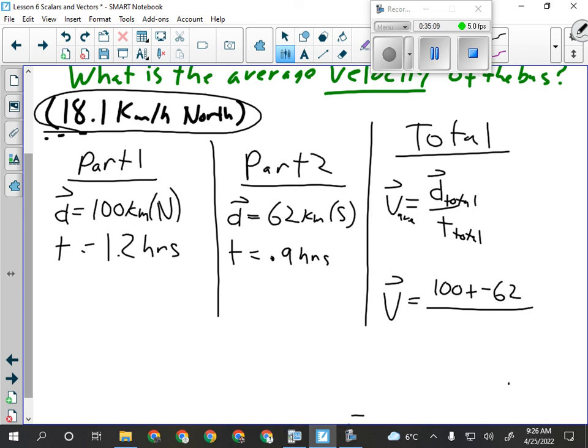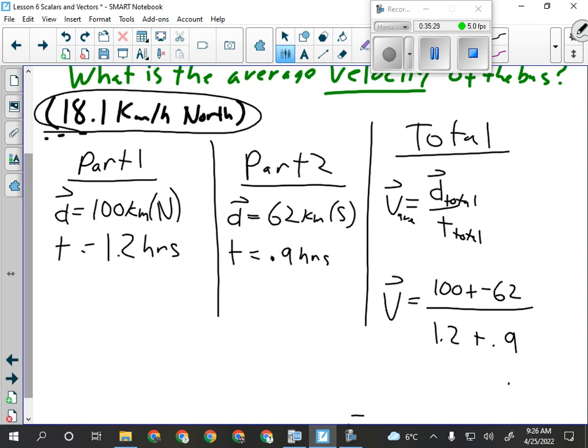If I do that, I'm saying that not only did they go south, but they went back in time as well. Which would be really cool, but not what's happening here. Time is scalar. It can't go back. Time can never be negative because that means I actually went back in time. So I would take my 1.2 hours plus 0.9 hours.